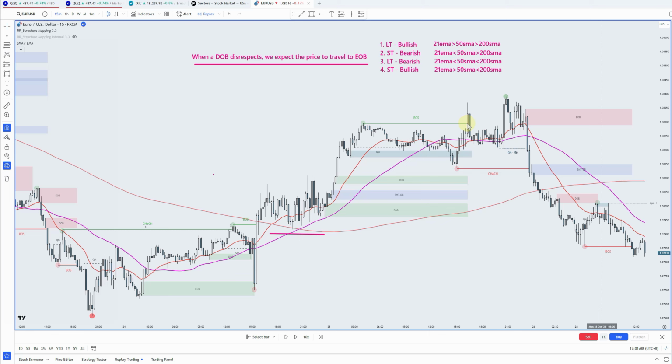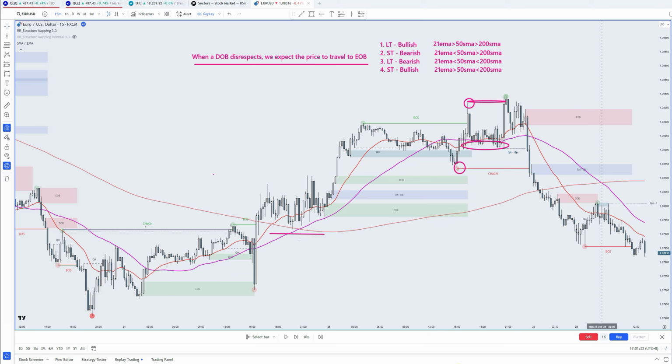In this case, you go one time frame lower, and now you have the range from here to here. And after the QM, you check to enter from the DOB and target the external range liquidity. And this makes more sense to you.